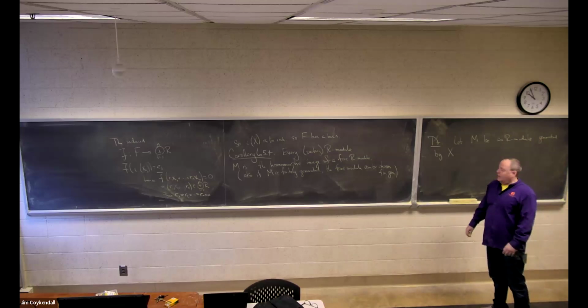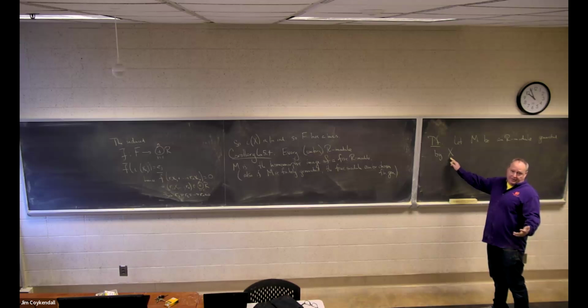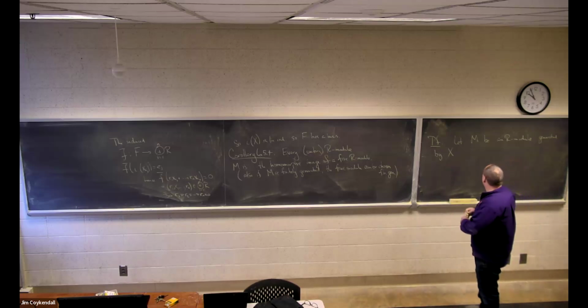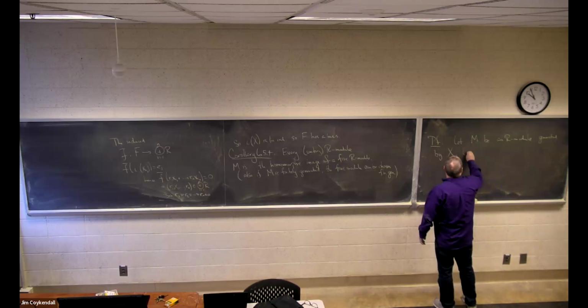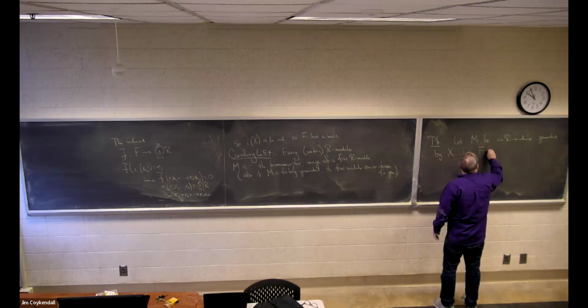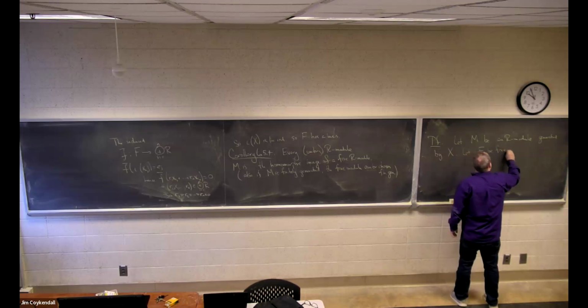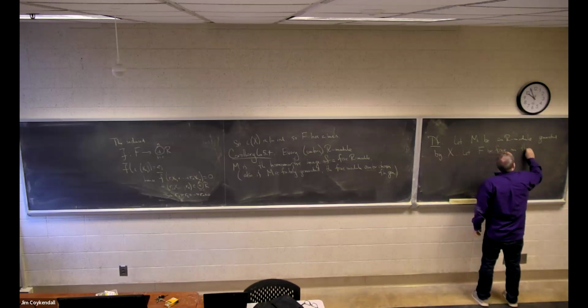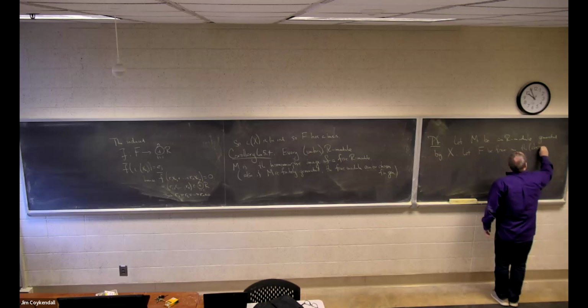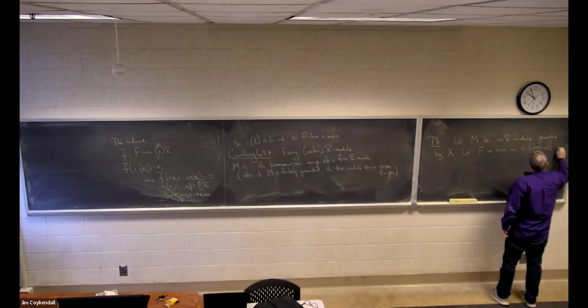So I'll assume that M is not zero. Of course, M has a generating set. I could just take X to be all the elements of M if I wanted to. It's sloppy. Let F be free on the set S.